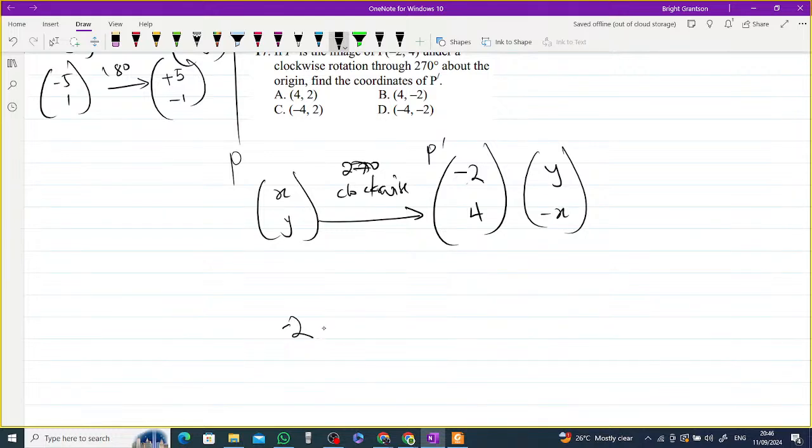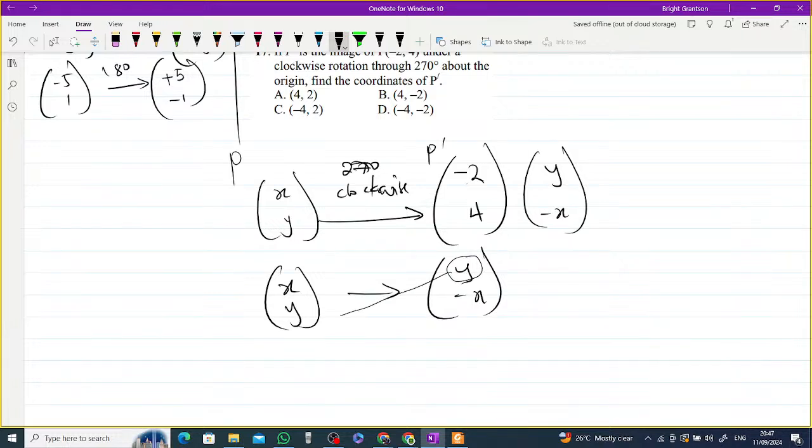Do you understand? Let me do it this way. (x, y) maps to (y, -x). So if this is true, this one will match this one without any negative, so here is negative 2.